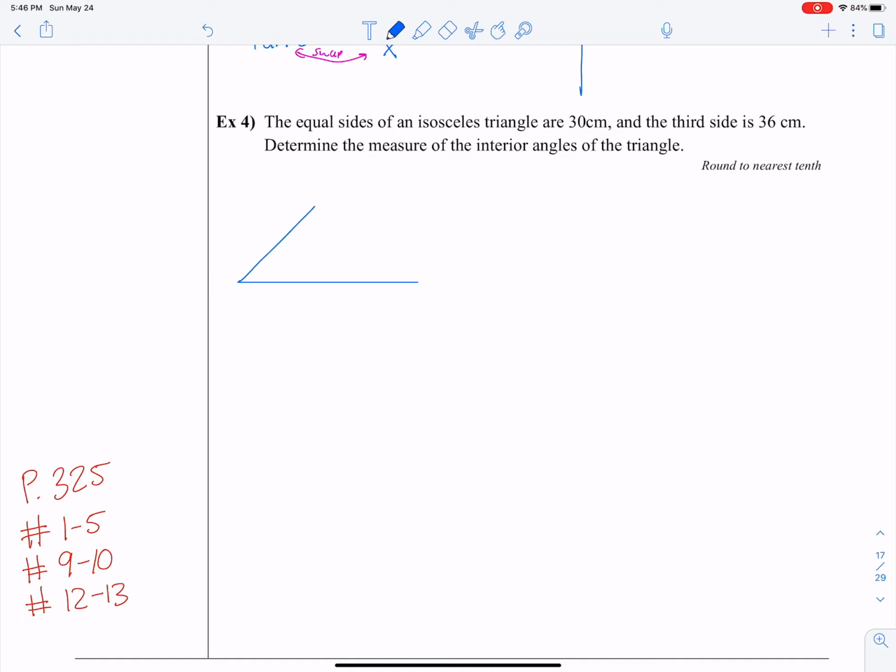Okay, and it's saying that this is 30, this is 30, and this one is 36. Okay, and then it wants us to figure out the internal angles of the triangle.